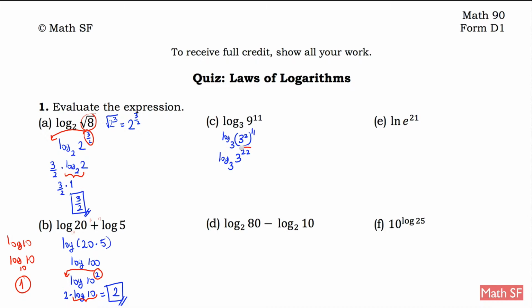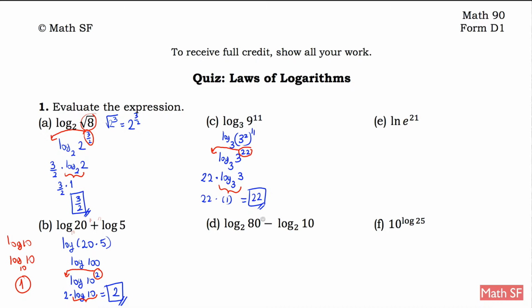This law allows this power to go in front, multiplying. So I'm going to have 22 times log base 3 of 3, and remember that log base 3 of 3 is actually 1. So 1 times the 22 in front gives you 22. Let's move on to the next one.